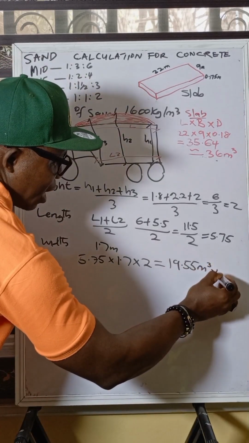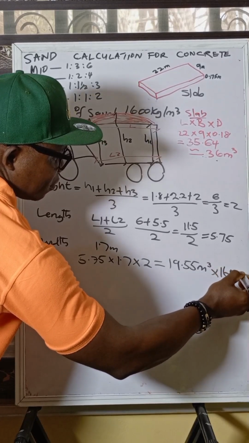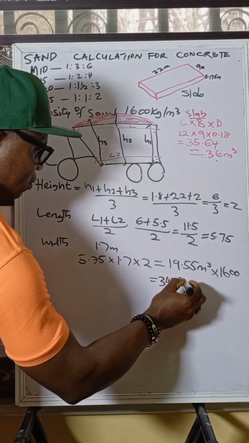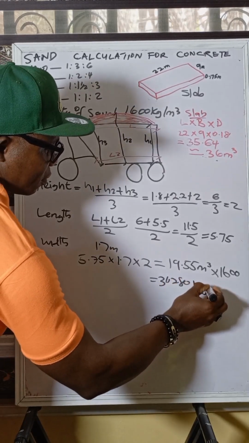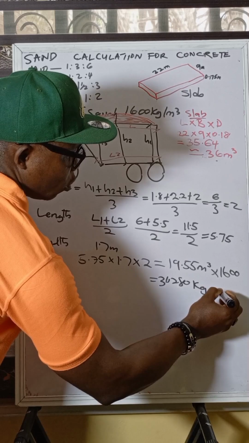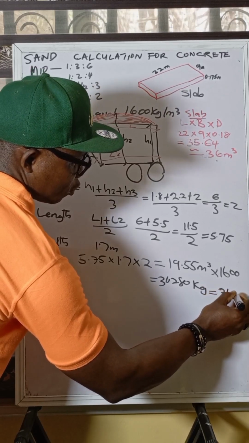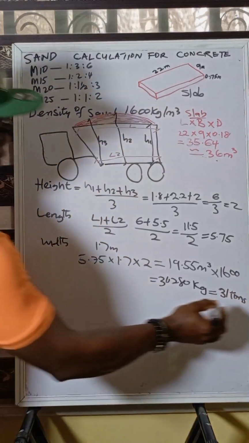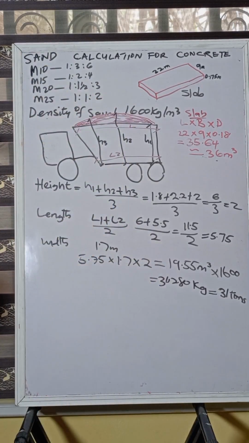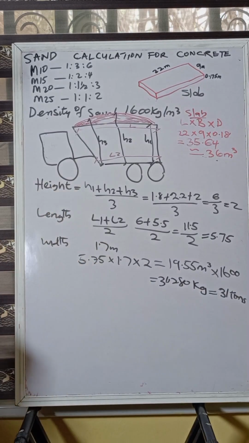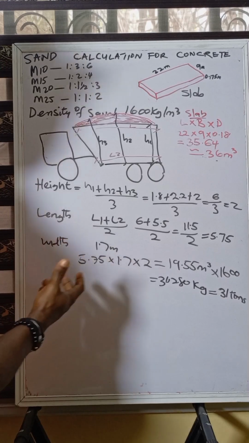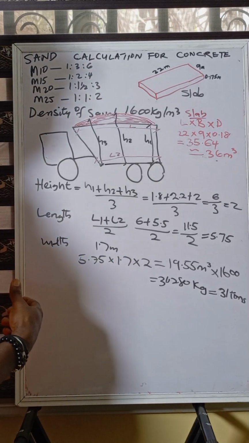So we multiply this by 1,600. The answer will be 31,280 kg, which is approximately 31 tons. What that means is this volume of sand brought to site is 31 tons. So with this, you'll be able to also track the quantities of material that's been required and that's being used on your site.